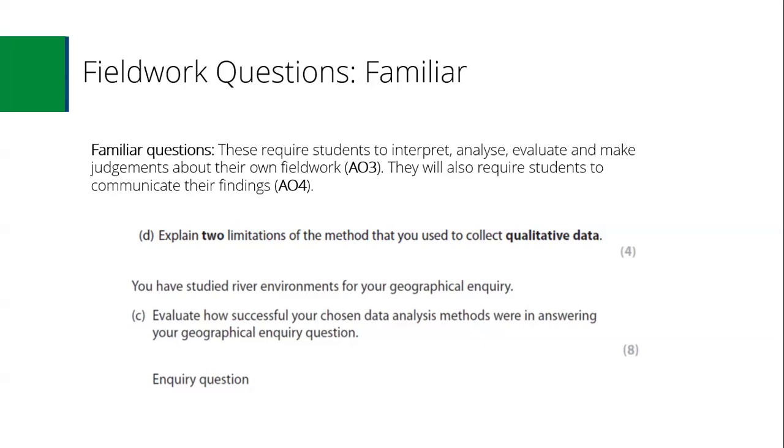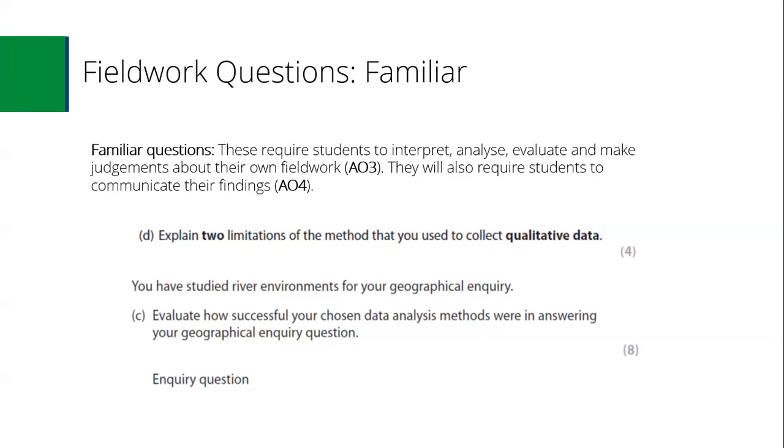So you can see here questions 6A and 6D on pages 98 and 99 of the sample assessment materials. Familiar questions could be about their physical or human geography. So: explain 2 limitations of the methods that you used to collect qualitative data. So again, that's a familiar context.